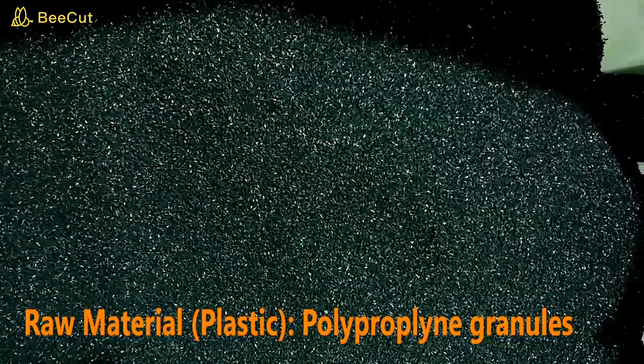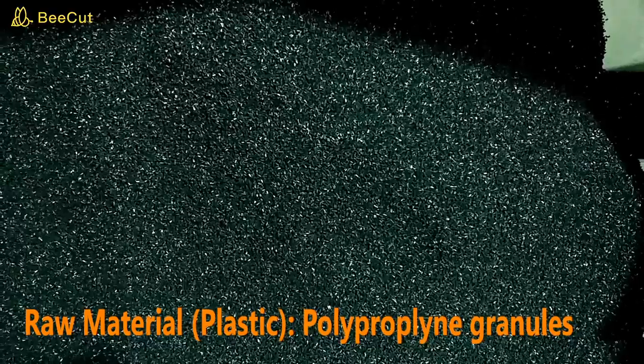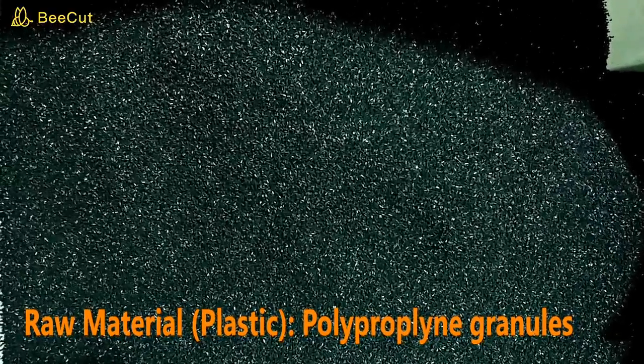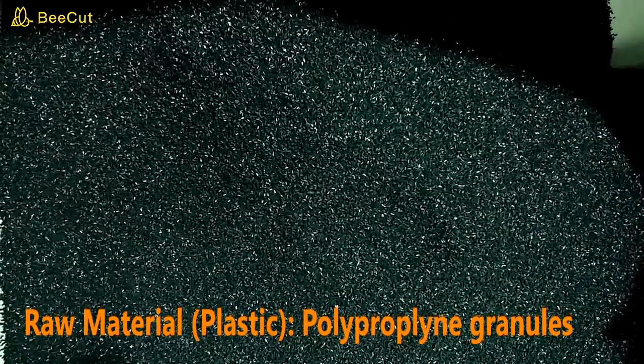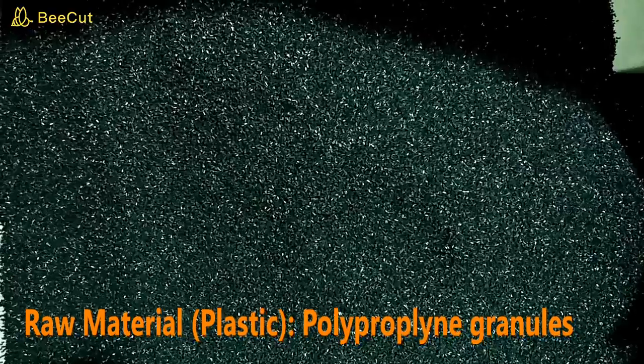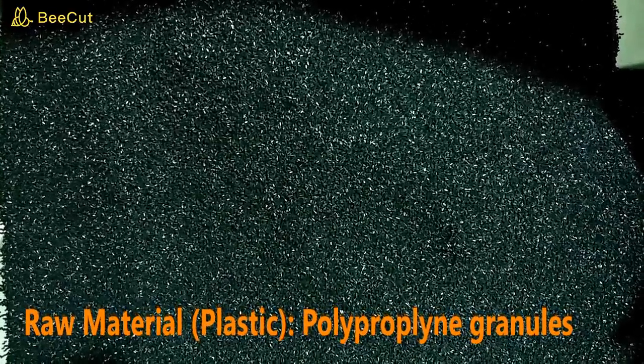Another form of raw material required for the plastic product is plastic granules, for example polypropylene (PP), acrylonitrile butadiene styrene (ABS), low-density polyethylene (LDPE), nylon, etc.